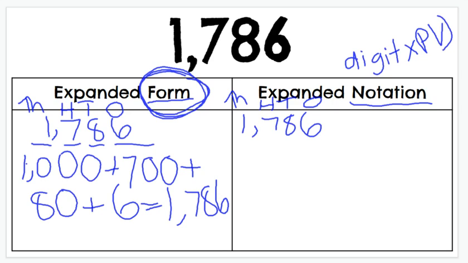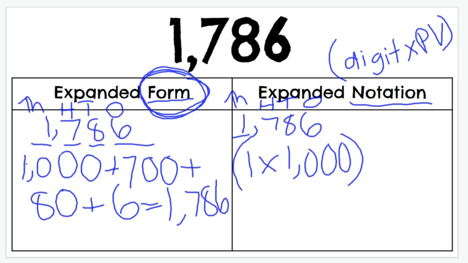And all of that will go inside of parentheses. So to start, I'll start with my first digit in my number. That would be 1. I'm going to take my digit, the number 1, and multiply it by the place value. It's in the thousands place, so I will multiply it by 1,000. And then that will be closed into parentheses.